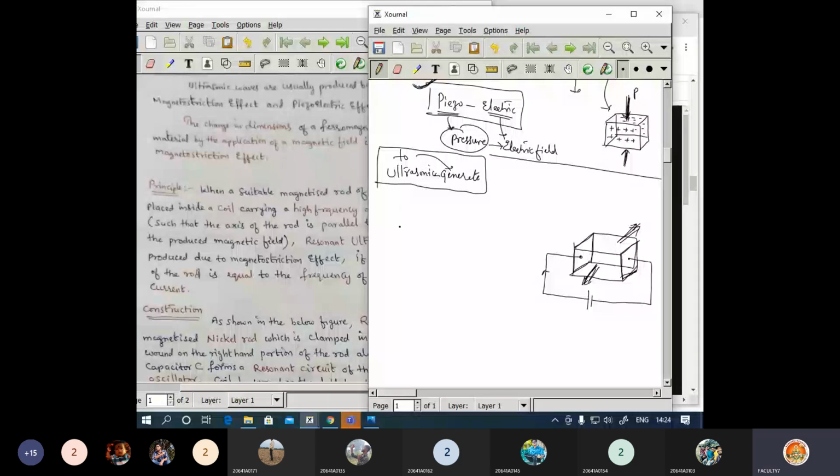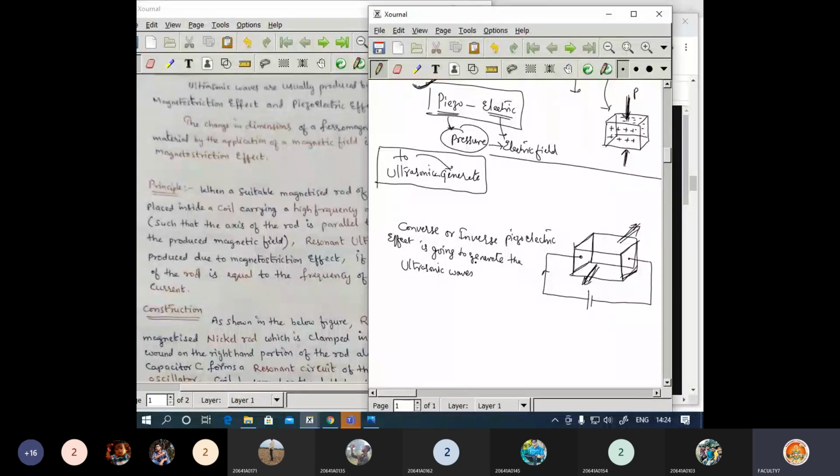That is the inverse or converse of piezoelectric effect, which is going to generate the ultrasonic waves. That is the process we are going to see.